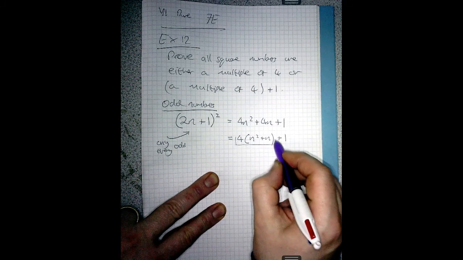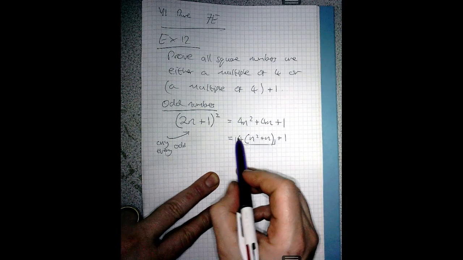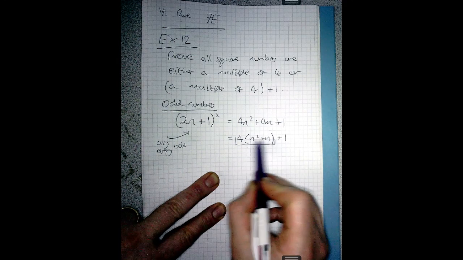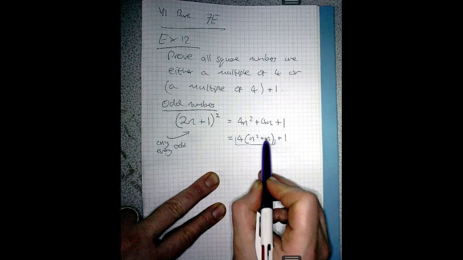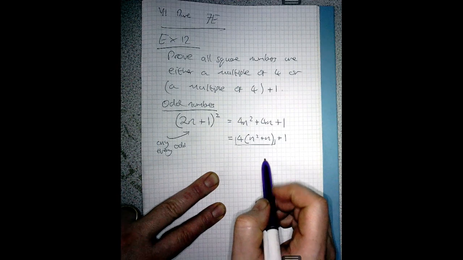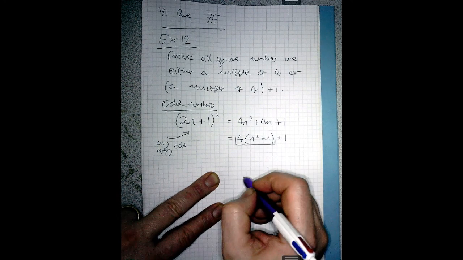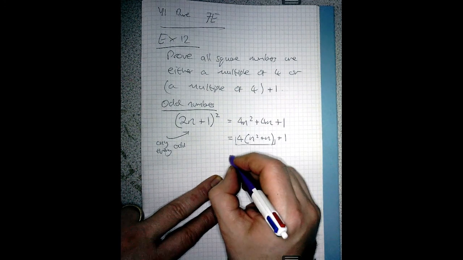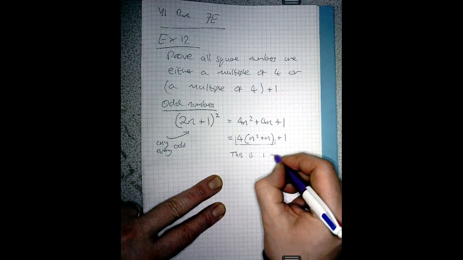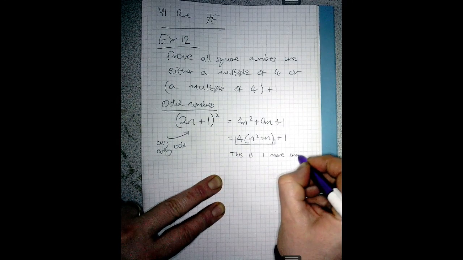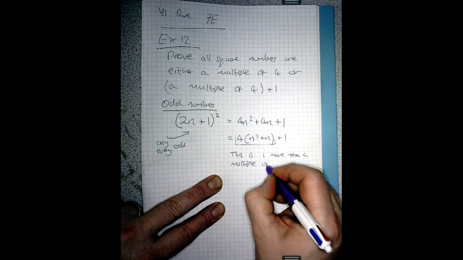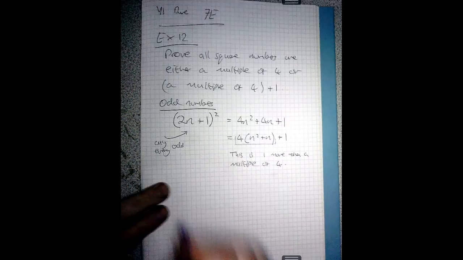Well, this is a multiple of 4 because it's 4 times some expression in n, and of course this is definitely going to give me a whole number because n is an integer. Plus 1, this is 1 more than a multiple of 4.